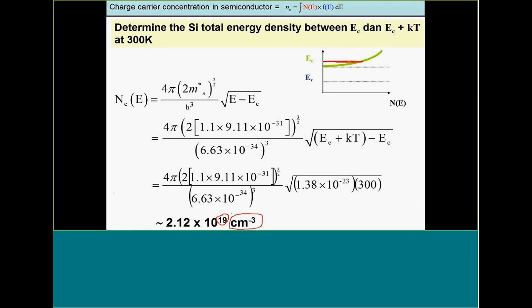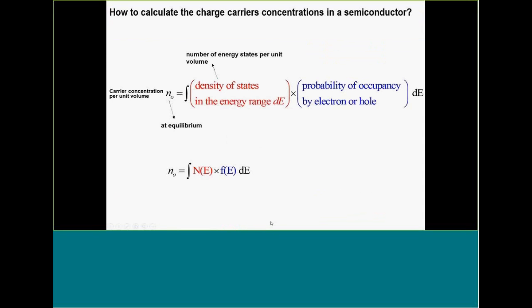It's such a huge number, isn't it? So there's a lot of energy states.